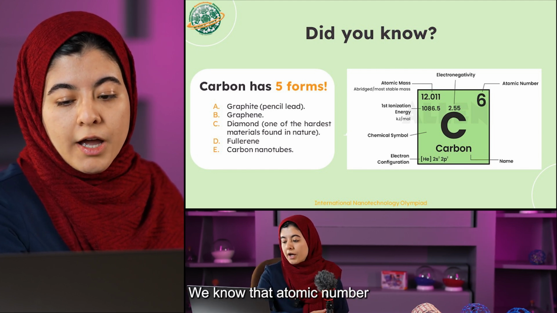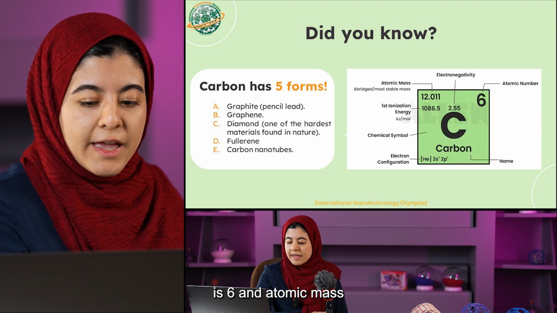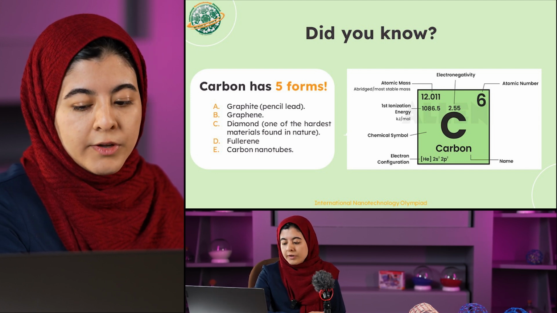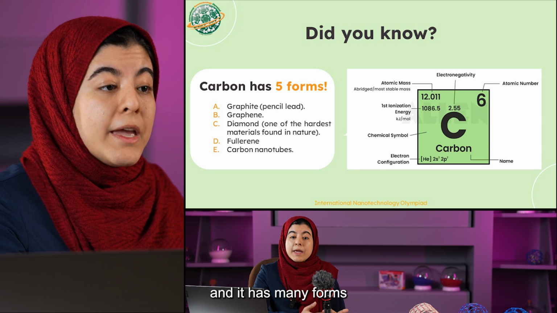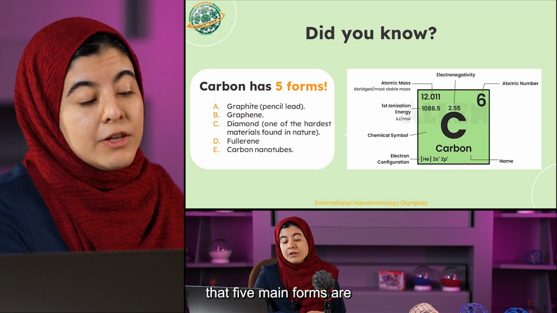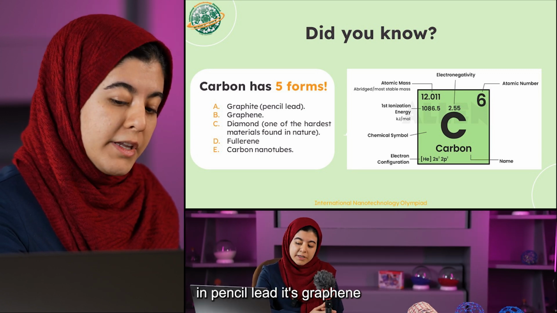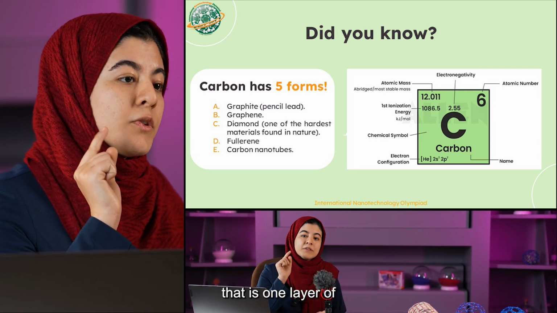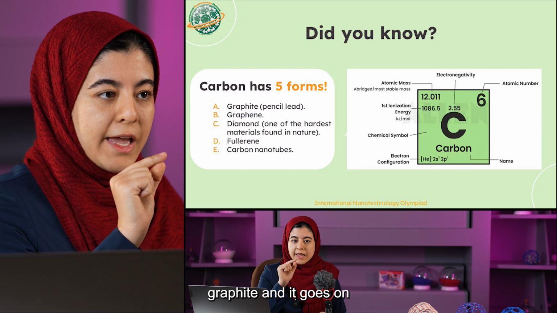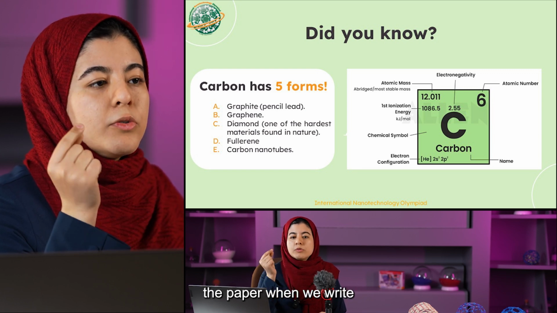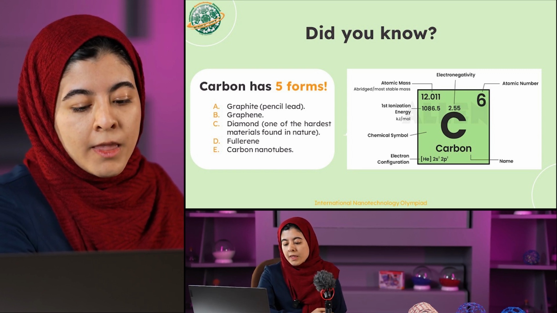We know that the atomic number is 6 and the atomic mass is 12. And it has many forms. The 5 main forms are graphite, which we see in pencil lead; graphene, which is one layer of graphite, and it goes on the paper when we write with our pencil.